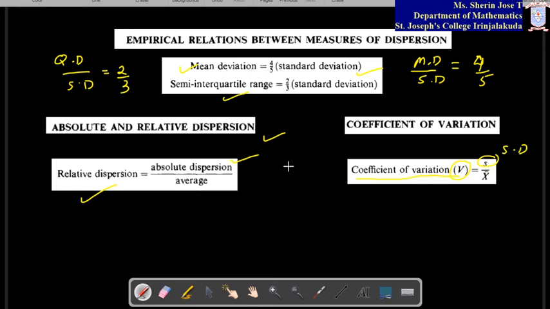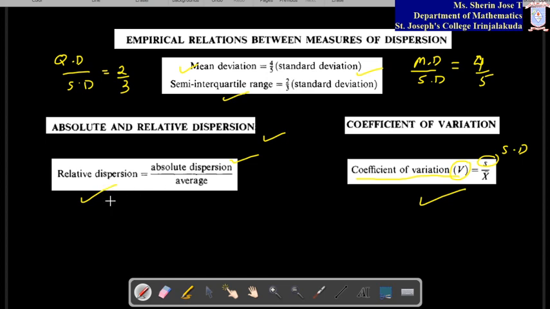We can consider mean deviation or quartile deviation, but to make it a coefficient of variation, you have to take standard deviation by mean. This is also one formula that can come for examination. If asked to find the coefficient of variation, you have to find the standard deviation, find the mean and divide it.